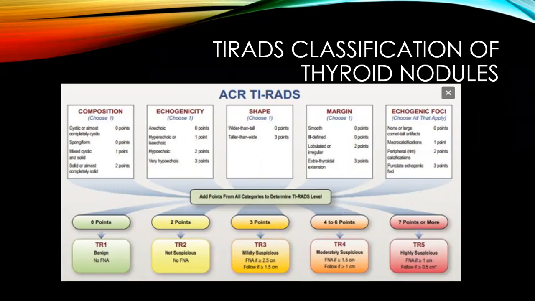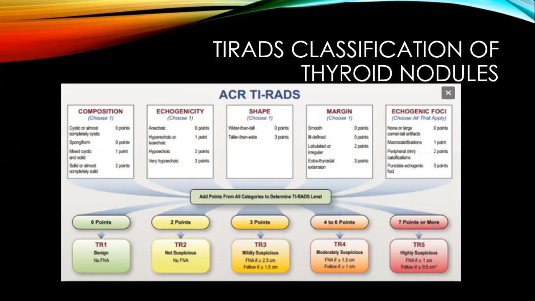If we get 3 points, we are now mildly suspicious. According to the American College of Radiology, if it's greater than or equal to 2.5 centimeters, we need to do fine needle aspiration. If it's less than 1.5, then we can follow up that lesion. If it has 4 to 6 points, it's now moderately suspicious.